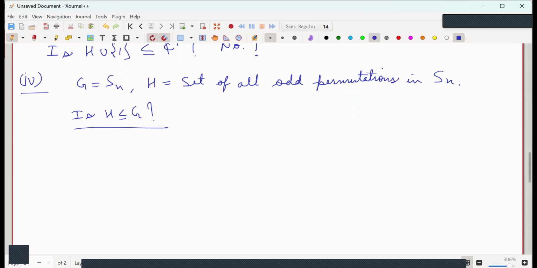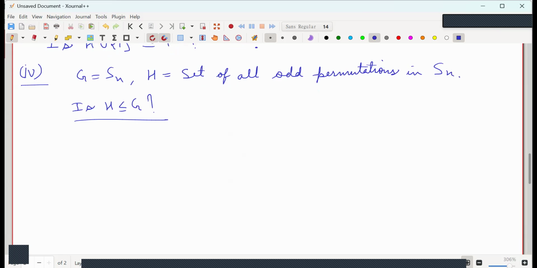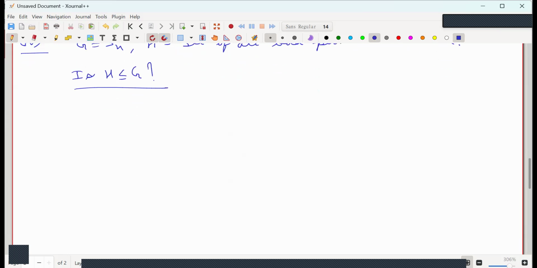In lectures, these are defined as bijections on a set of size n, right? Yes, sir, it's the permutation group, basically. So let me first try to define odd permutations.